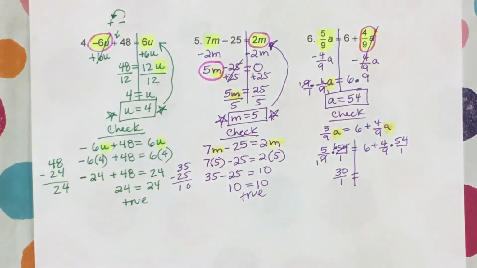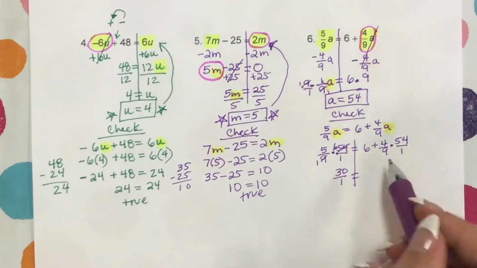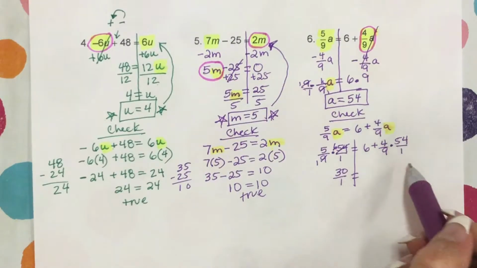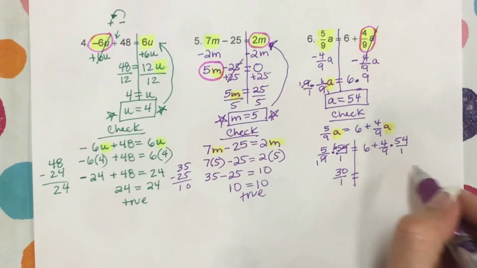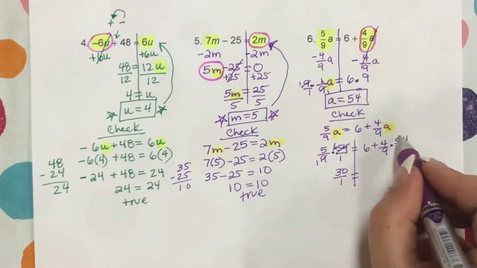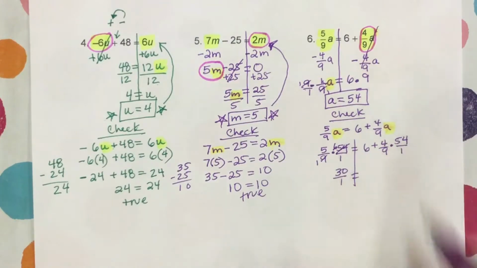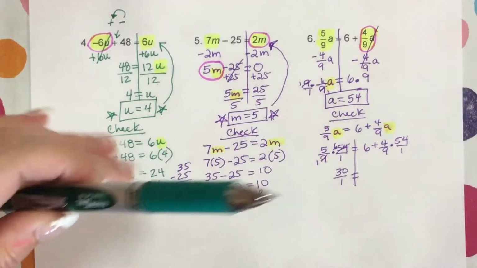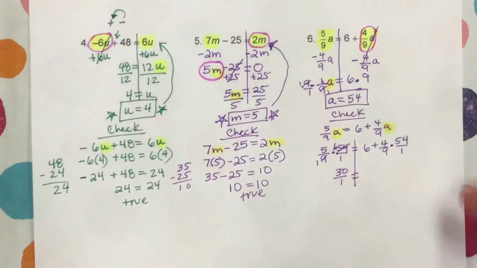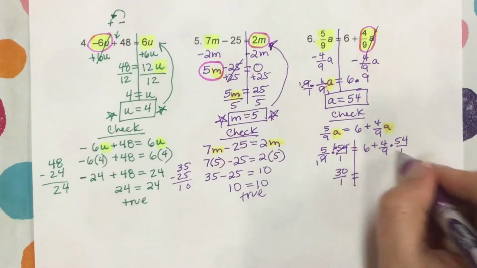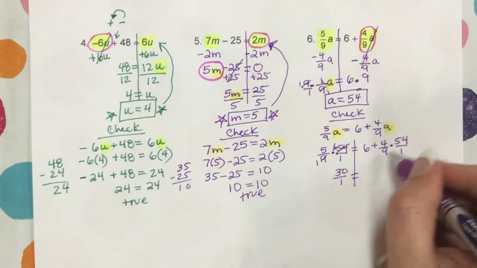All right, cool. So now we're going to move on to this other side of the equation here. So we have 6 plus 4/9 times 54 over 1. And for this problem, order of operations says we have to do the multiplication first before we can add. So we are multiplying fractions, so we're going to look to cross cancel. Can we do anything here with the 4 and 1? No. What about the 9 and the 54?